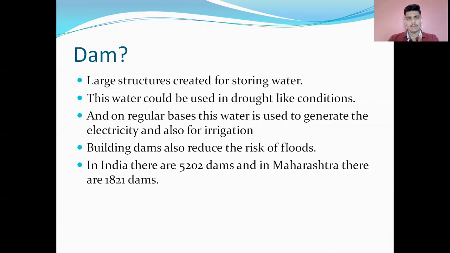And on a regular basis, this water is used to generate electricity and also for irrigation. As well, building dams also reduces the risk of floods. And in India, there are 5,202 dams, and in Maharashtra, there are 1,821 dams.